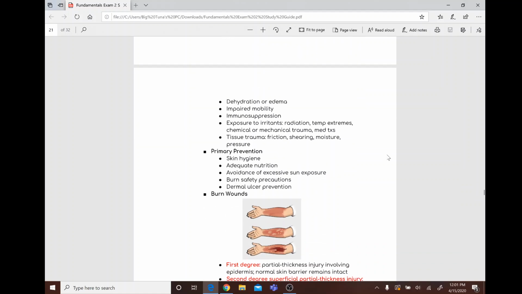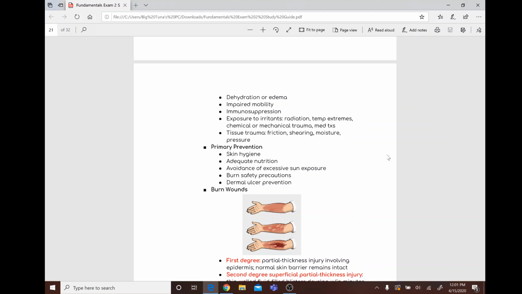What are some prevention measures for tissue integrity? Skin hygiene, adequate nutrition, avoidance of excessive skin exposure, burn safety precautions, and dermal ulcer prevention.